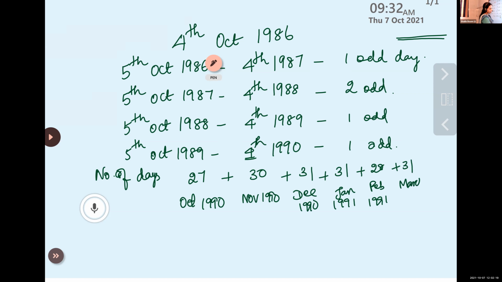Then April, what date is asked here? We have to find it on 10th April, so in April only 10 days. When you add up all those, we will get 188 days.